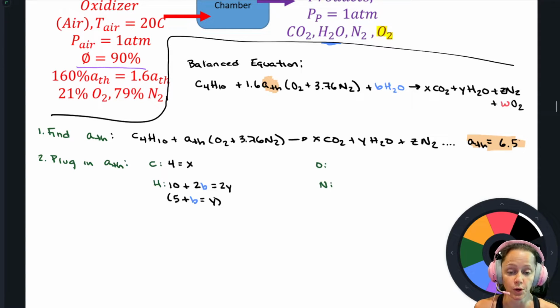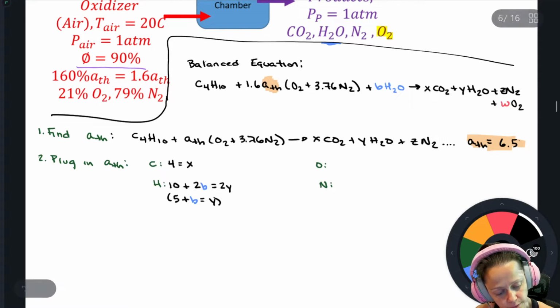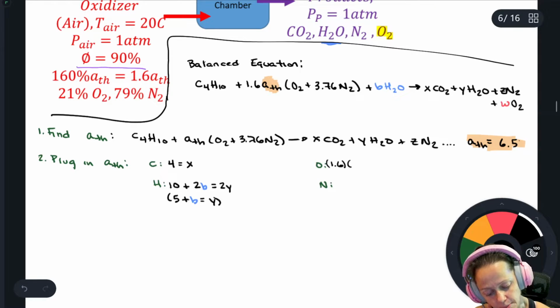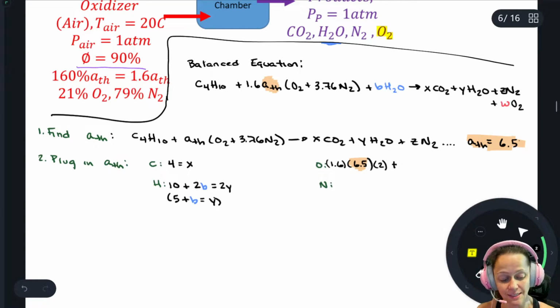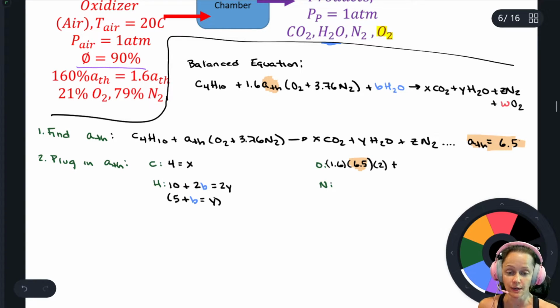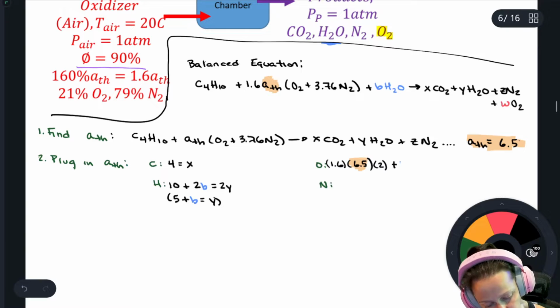Now let's do it for our oxygen. So for my oxygen, I have 1.6 times ATH. My ATH was 6.5. So let's color code here. Times 2 plus, and I don't want to forget, I do have a B term there, so let's not forget about him.